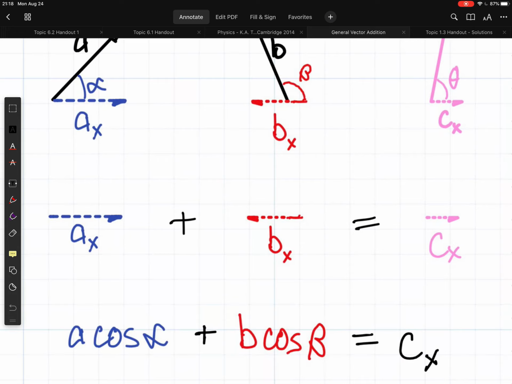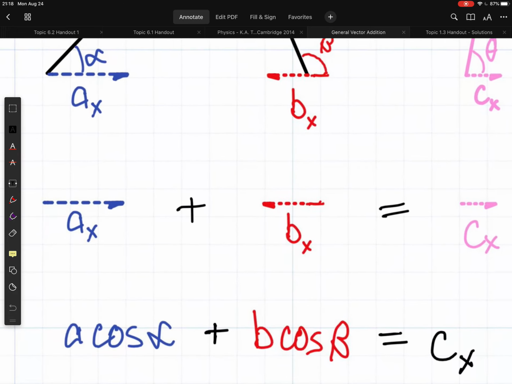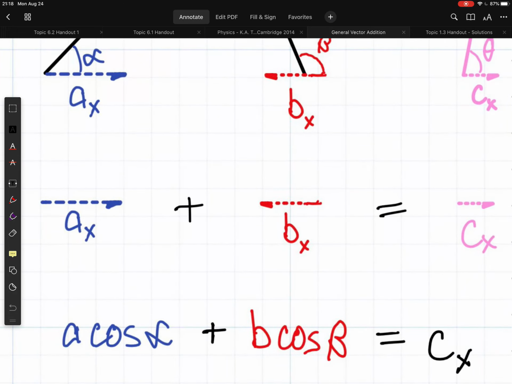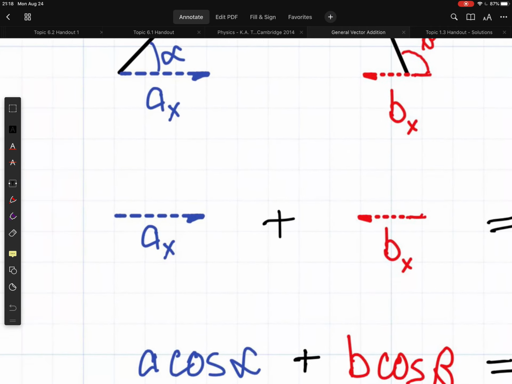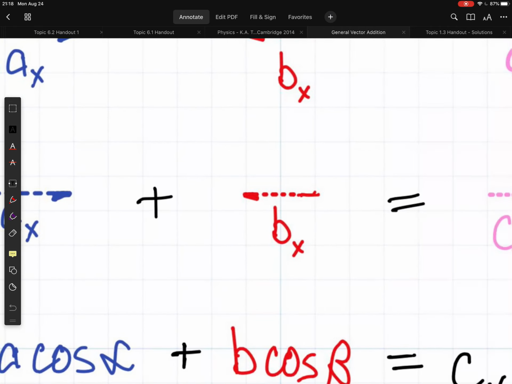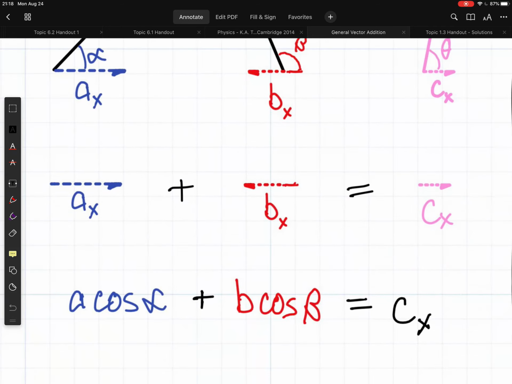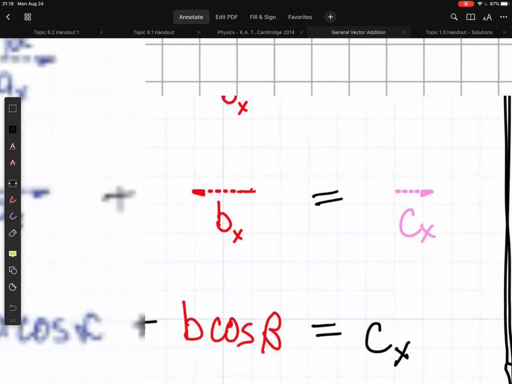Now, we can visually represent those horizontal components like this. The horizontal component of A plus the horizontal component of B is equal to the horizontal component of C.